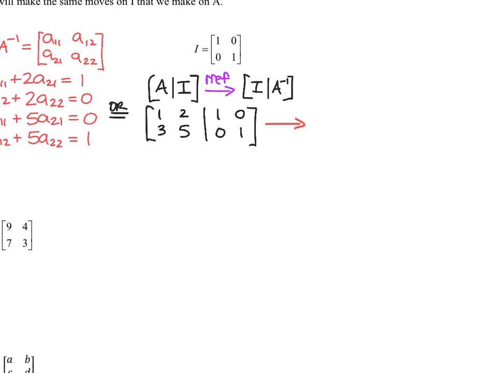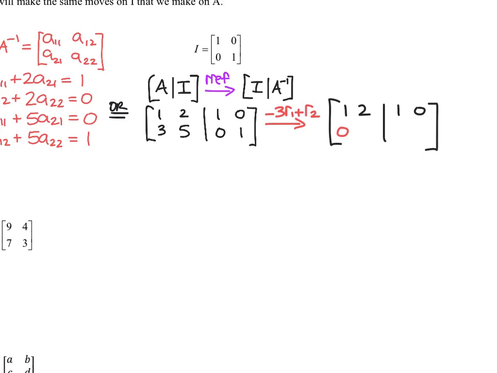All right, so there's a little bit of a trade-off, but it's really up to you to decide which way you like better. All right, so here I would just do -3 R1 plus R2. So 1, 2, 1, 0 staying put.